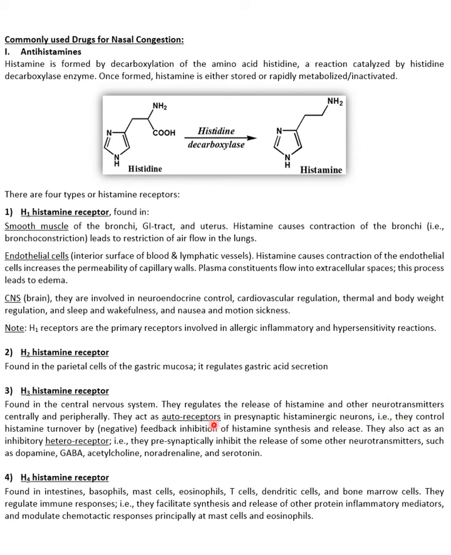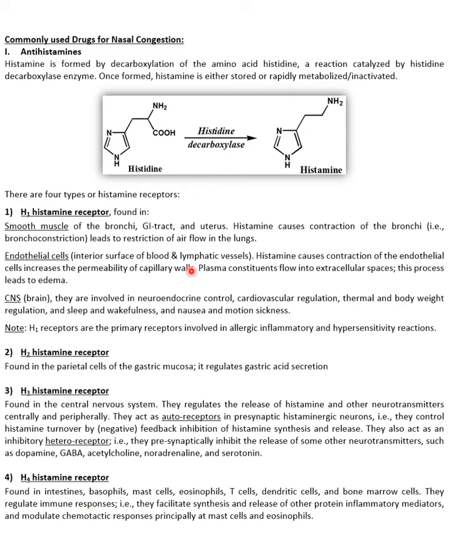They act as autoreceptors as well as heteroreceptors, which means they are located at the presynaptic cleft, and they are responsible for the negative feedback inhibition of the histamine synthesis and release, as well as other neurotransmitters such as dopamine, GABA, acetylcholine, noradrenaline, and serotonin. Finally, a fourth type of histamine receptors recently discovered play a role into the immune responses.